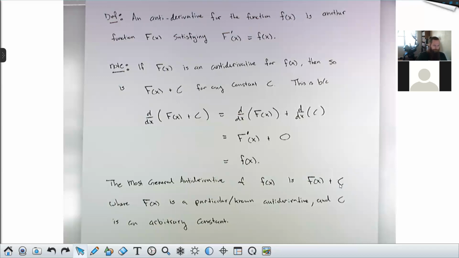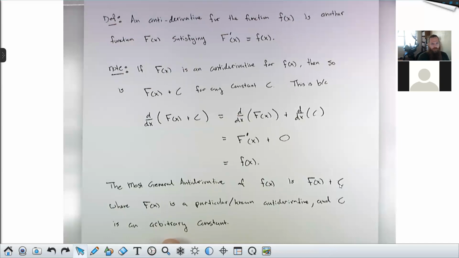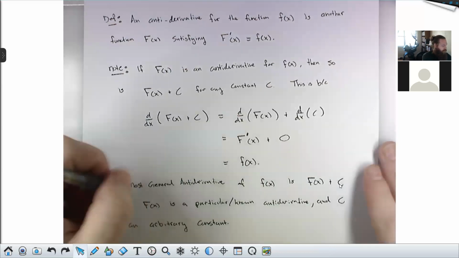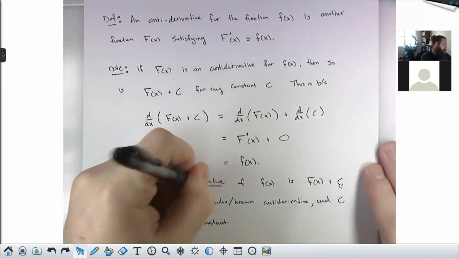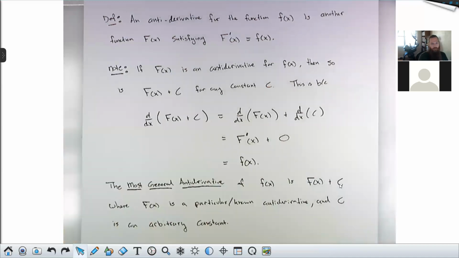All right. Let's look at a few concrete examples before we go any deeper into theory land. Any questions on the definition here, or what we mean by most general antiderivative? Okay.